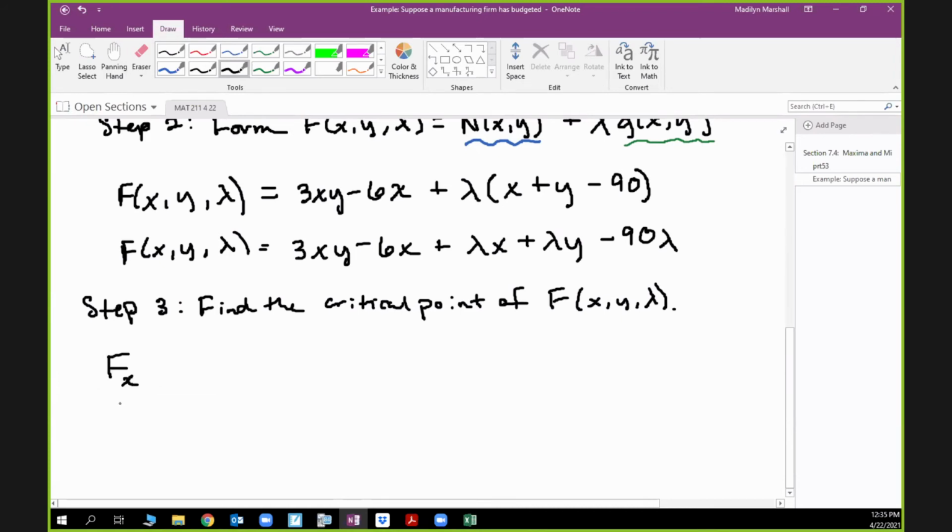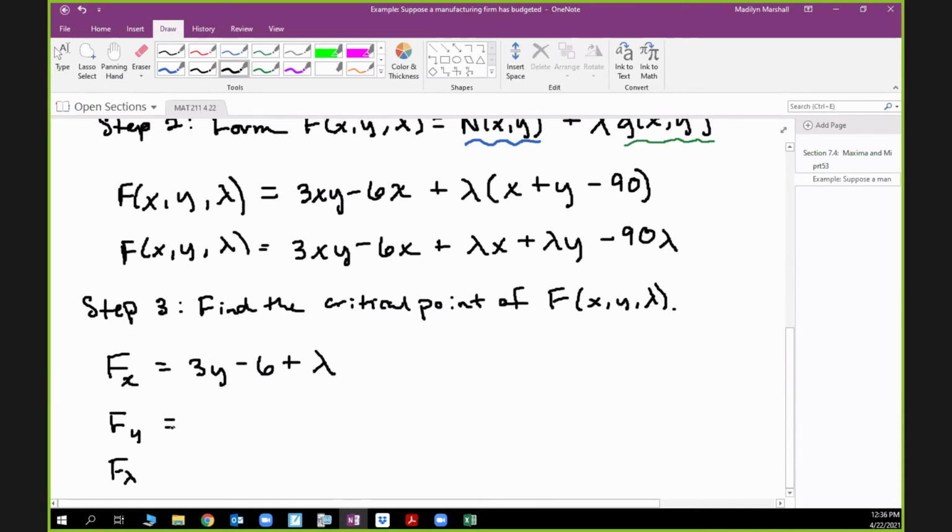And that is always found by finding the partial derivatives of each variable and setting them to 0. It'll be 3y minus 6 plus lambda. Yes, exactly.